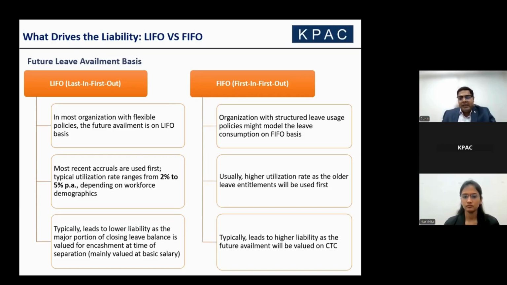FIFO typically leads to a higher liability because the future availment is valued on CTC, which is higher than the basic salary, and the older leaves, which might have been cheaper to pay out at basic, are now being consumed at a higher cost.